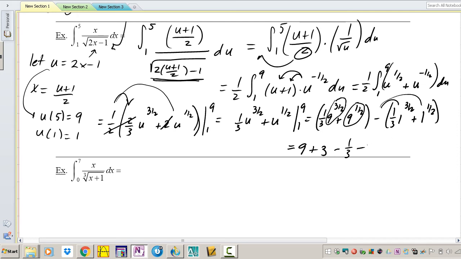Distribute the negative, it's minus 1. This is 12 minus 1. This becomes 11 minus a third, which is 33 over 3 minus a third. And your final answer is 32 over 3. Sweet. That was pretty easy.